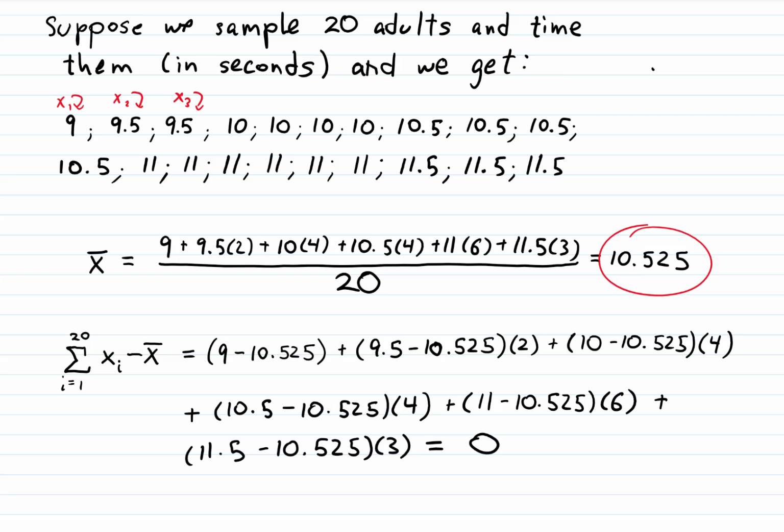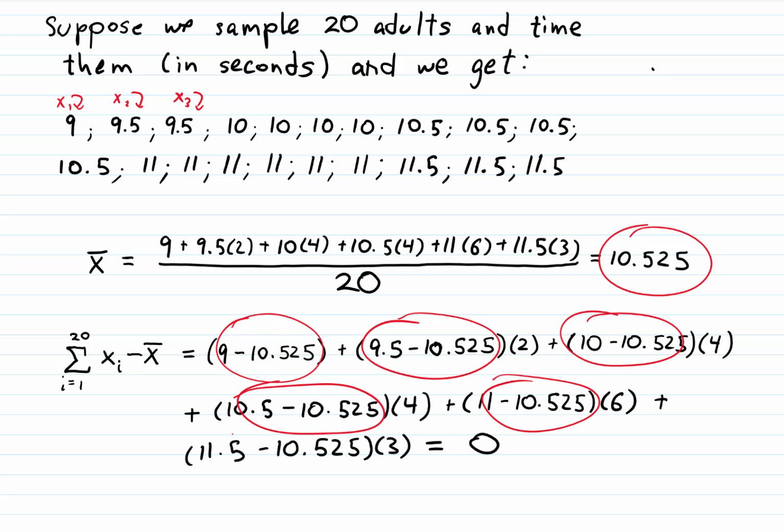That's not going to be of any use to us. That makes it look like there's no variability at all, right? So what we need to do is prevent the positives and negatives from canceling out. And the way to do that is to make sure that there's no negatives. Let's make it so that everything's positive so that there won't be any canceling out. Okay, what's one way of making sure that the numbers you're looking at are always positive? A nice little trick for doing that is to square them. Okay, these things here are all called deviations.